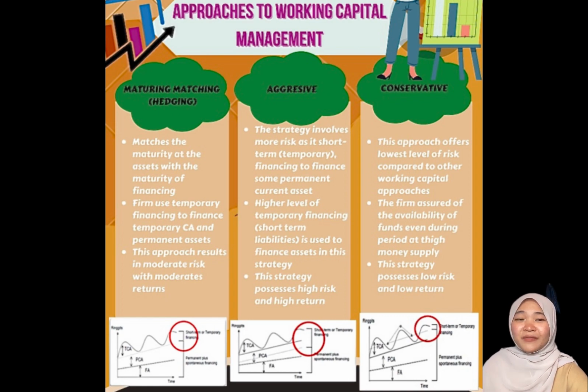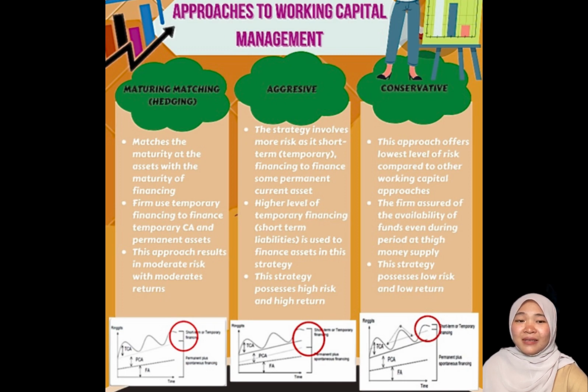Only use short-term financing during peak or slow periods, for instance, when the need for current assets is at a peak. The firm sets off its short-term liquid investment and borrows short-term when necessary. This strategy is low risk and low return.